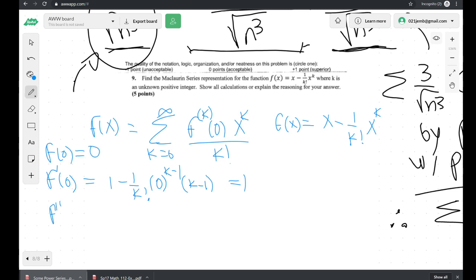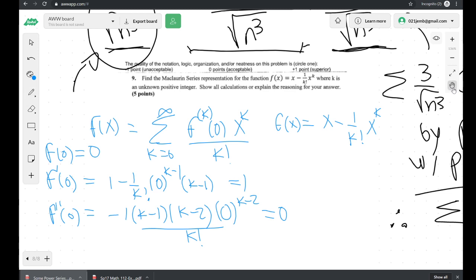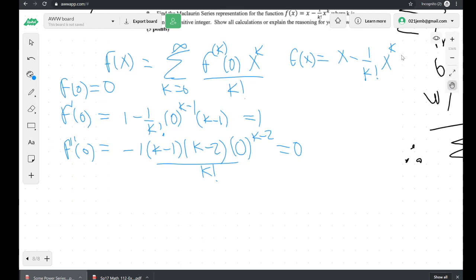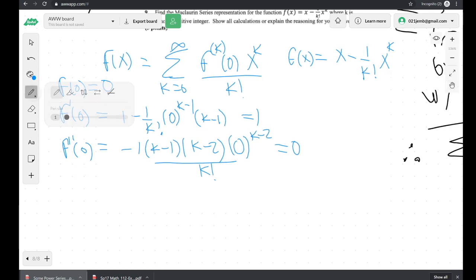F double prime of 0: if you take the derivative, you get negative 1 over k factorial times k times k minus 1 times 0 to the power of k minus 2, which will be 0. If you keep taking derivatives up to the kth derivative, you will find something different.